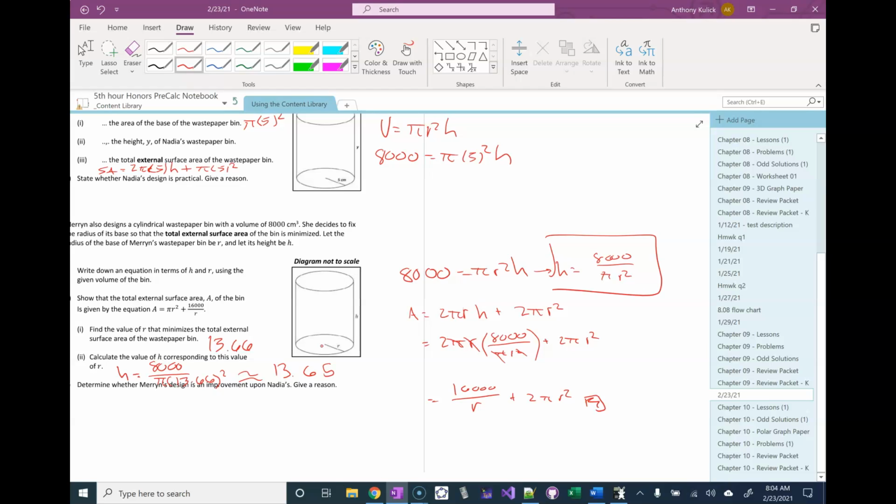I had the equation that I needed to graph to find the minimum already, so I didn't even actually need to do the show part. If I wasn't able to do that, it didn't restrict me from doing the future part. Most of the time, these multi-part questions are built that way so that, if you can't do some little piece of it, it doesn't restrict you from doing the whole problem.